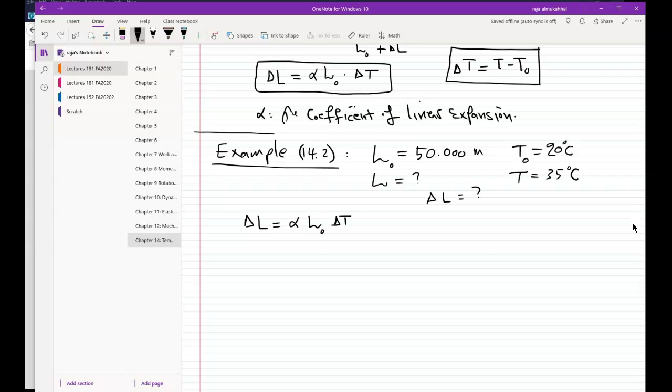Now, before I cover this problem, here is something about T. When it comes to physics, anytime you see a formula that contains temperature, okay, that temperature is always in Kelvin. You want to keep that in mind, okay? This is very, very important. You always plug in temperatures in Kelvin.